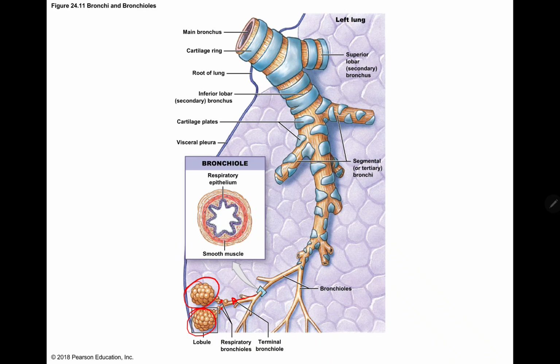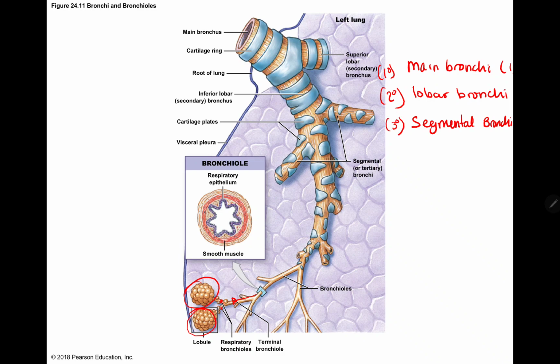Okay, so again, let's just write it out. Main bronchi, which is primary, and then lobar bronchi, and that's secondary, and then you have segmental bronchi, that's tertiary.